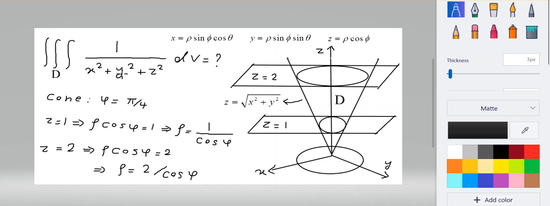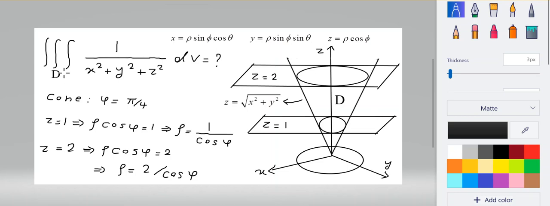Look at here. So we put the value of every term in terms of rho phi theta, and the Jacobian, and region G, which is the image of the region D under this substitution.